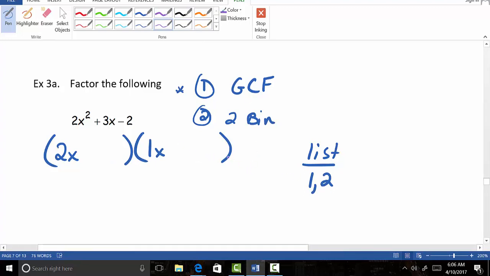So let's say for a moment that we were to put a 1 here and a 2 here. Next, what we would want to do is just check and see, do the outer and the inner end up totaling the positive 3 that we need? Well, if we have 2x and 1, that'll give us 2x when we multiply them.